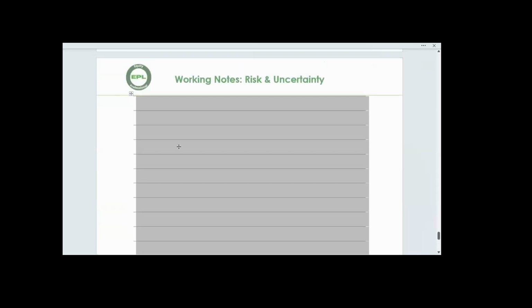Simulation, decision tree, and then decision making under uncertainty. Okay, let's just do one more. All right. So let's talk about simulation.